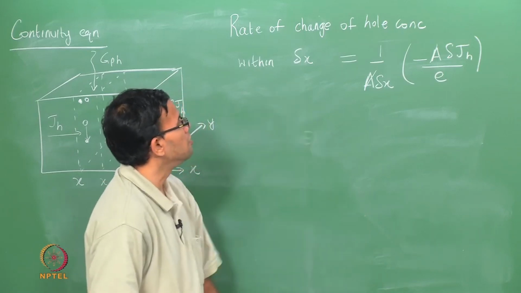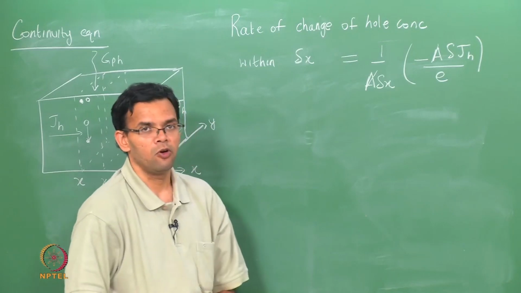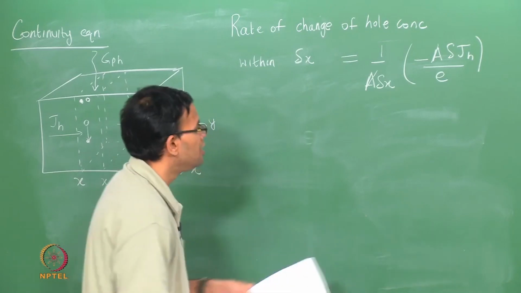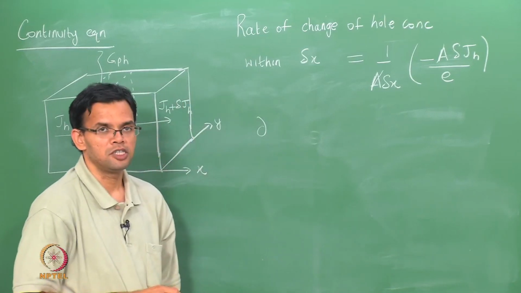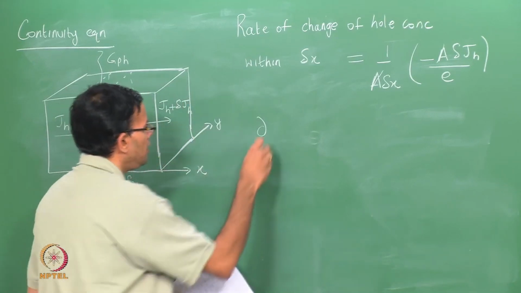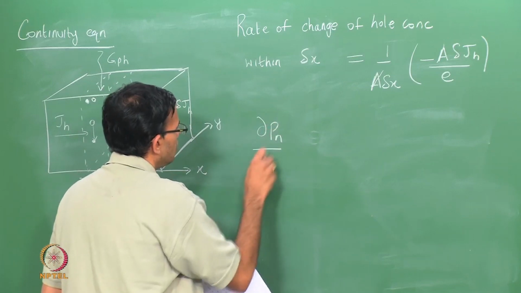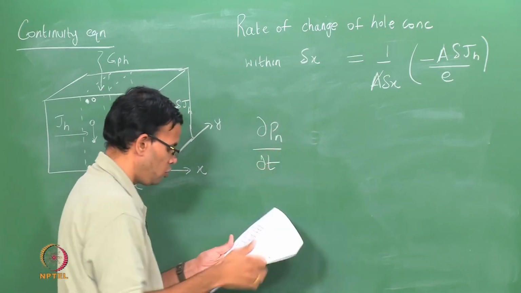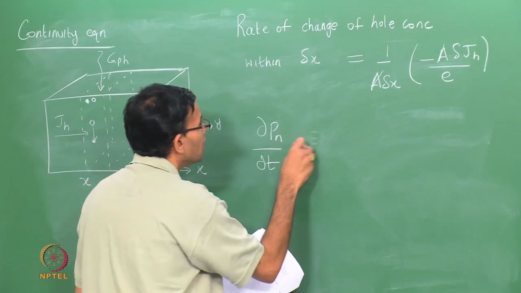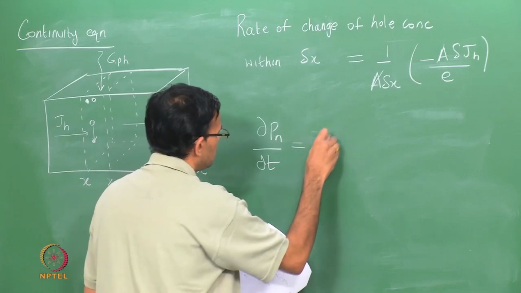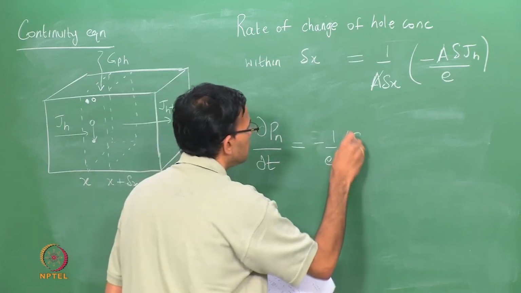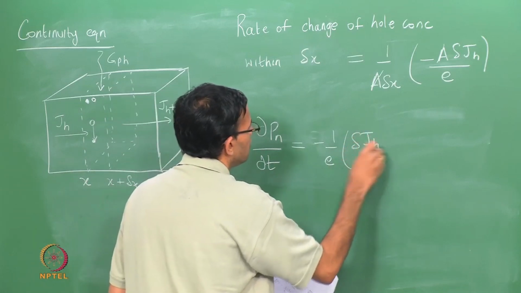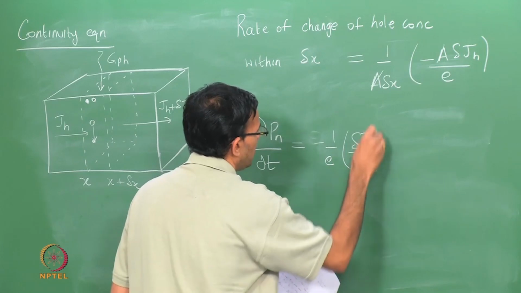So, this just denotes the rate of change of hole concentration. So, we can relate this to how the concentration of holes actually change. So, dou Pn over dou T is nothing but minus 1 over E dou JH over dou x.